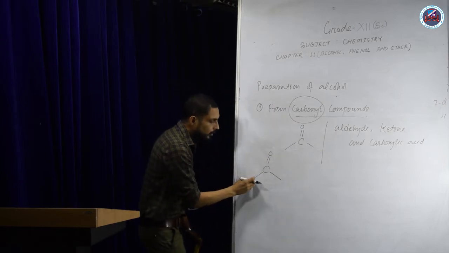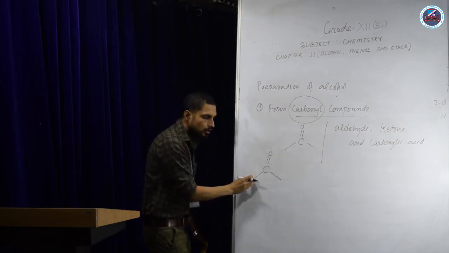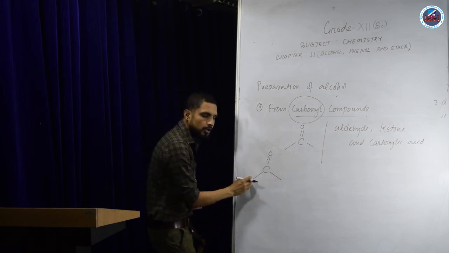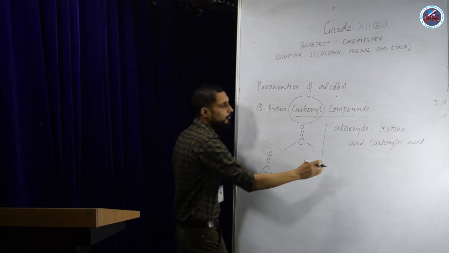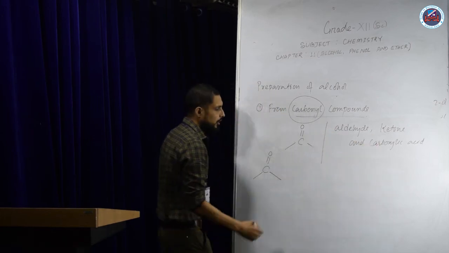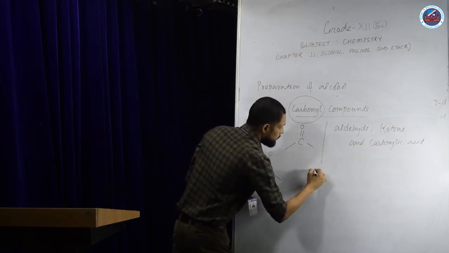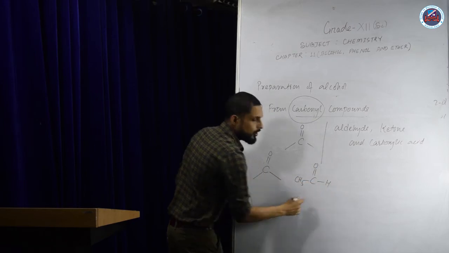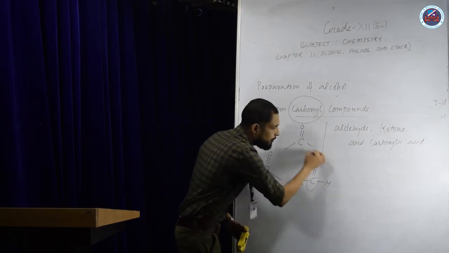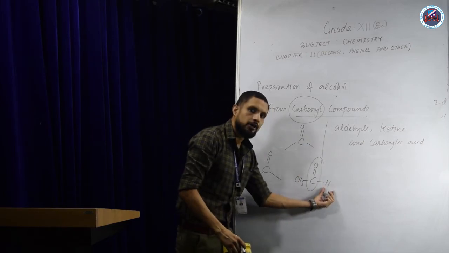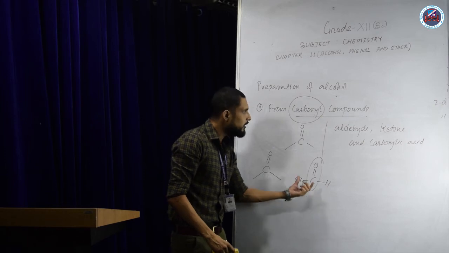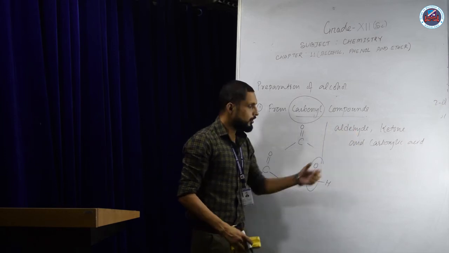And one with hydrogen, one with OH, or carbon and OH will give carboxylic acid. So example, you have the C double bond O, CH3, H. Now you can see this is the carbonyl group. On right hand side you have hydrogen, on left hand side you have alkyl group. So this is an aldehyde.